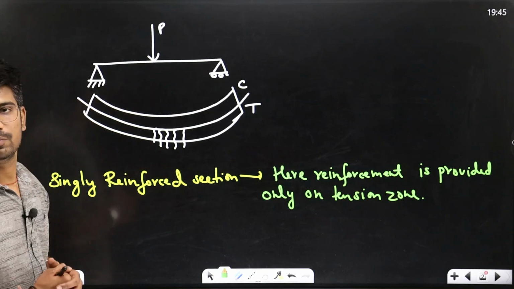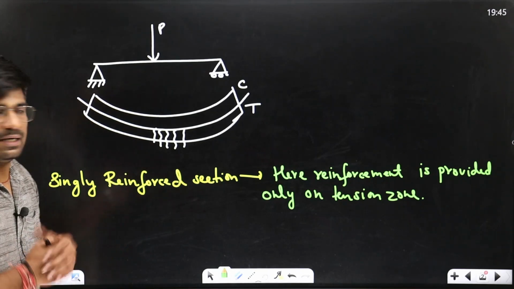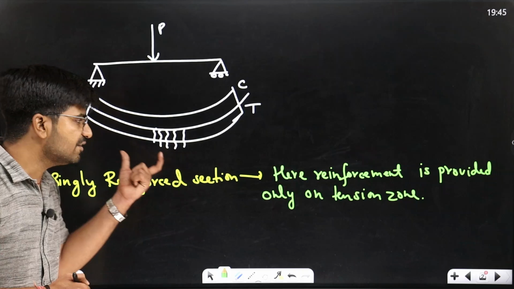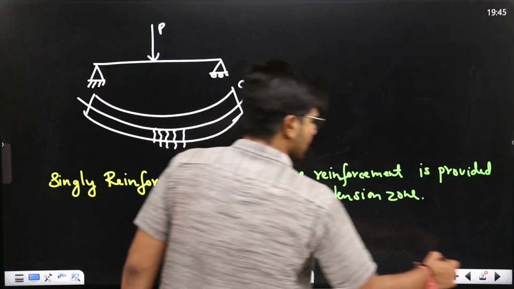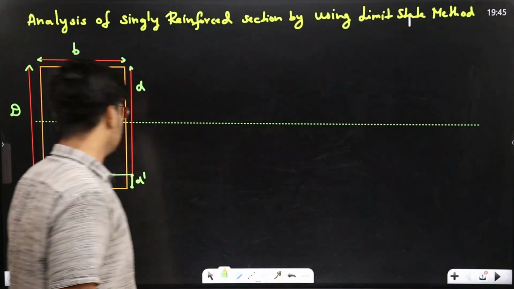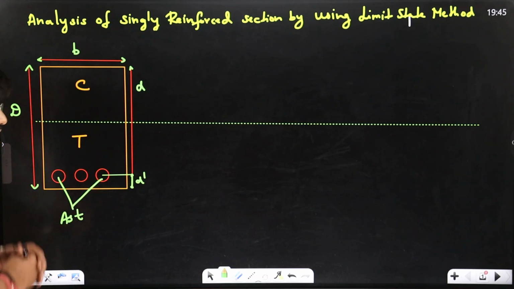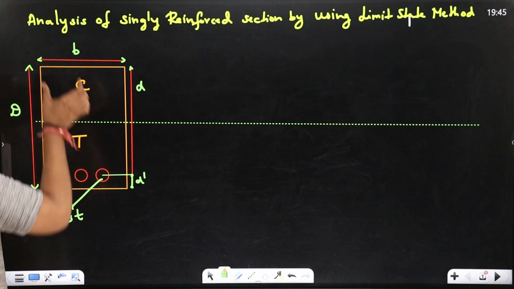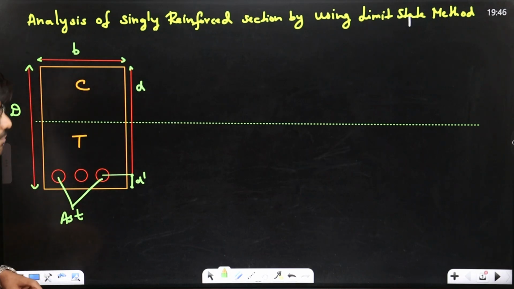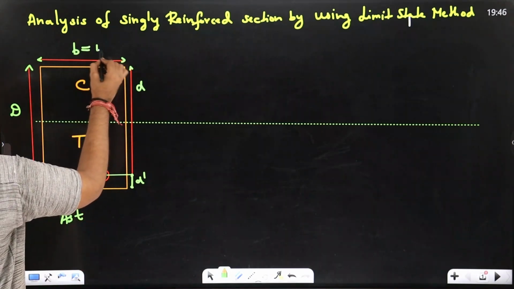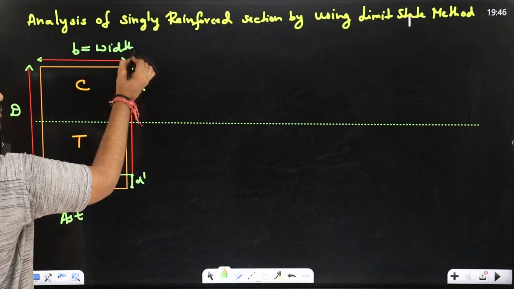Is it clear now? So we got to know that a singly reinforced section is a section where reinforcement is provided in tension zone. Now you can see that this is the cross section of a beam and B is the width of your beam.